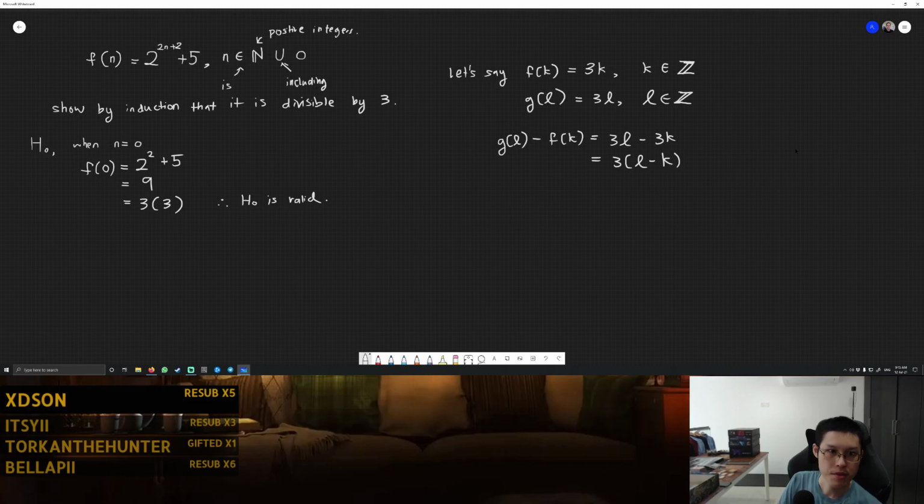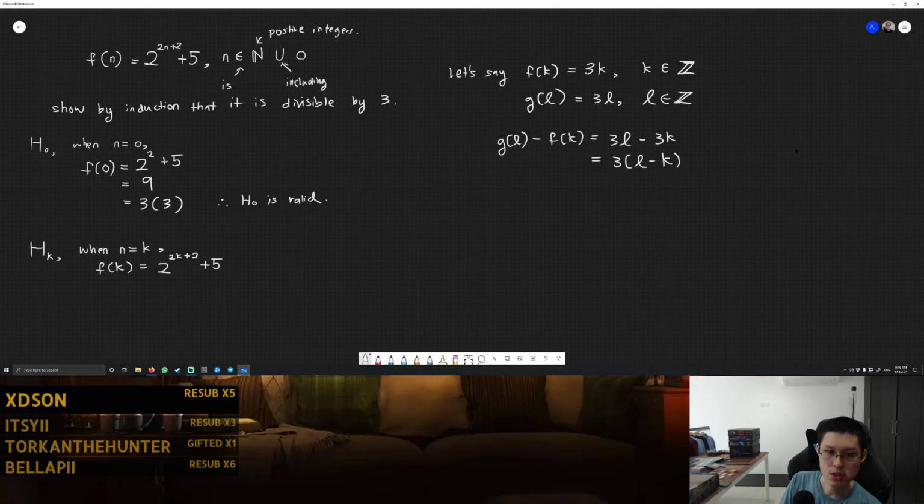Okay, so let's do hk. When n is equal to k, fk is equal to 2^(2k+2) + 5.